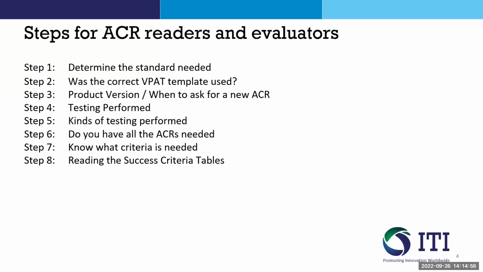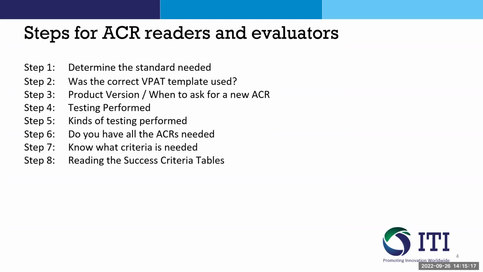Sometimes they're all in one. Sometimes you need multiple ACRs. Sometimes the ACRs are across different companies. And so step 6 is for you to determine, do I have everything I need, again, to assess the accessibility of this product I would like to purchase.